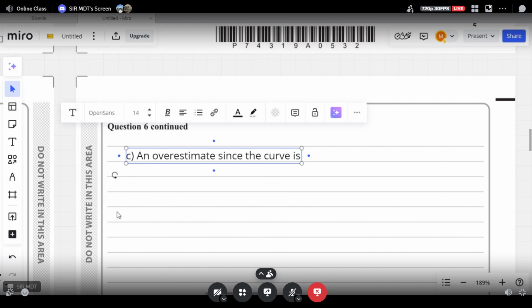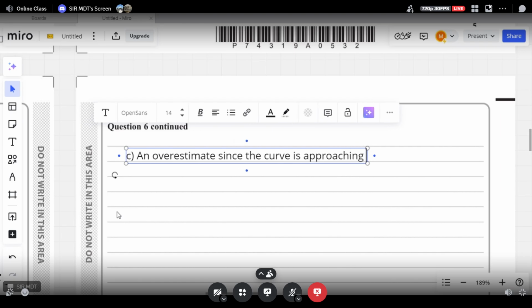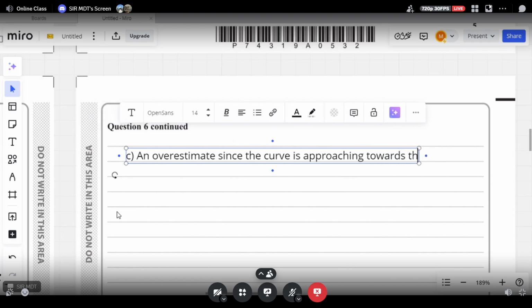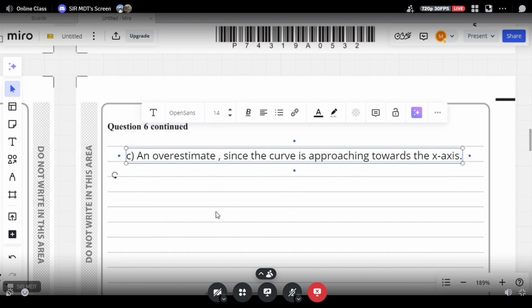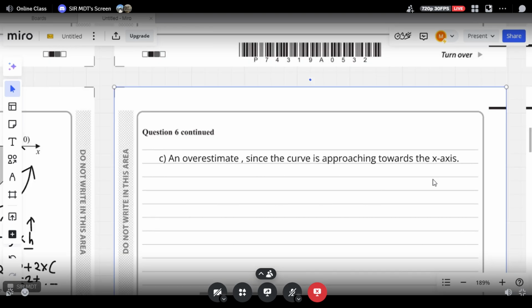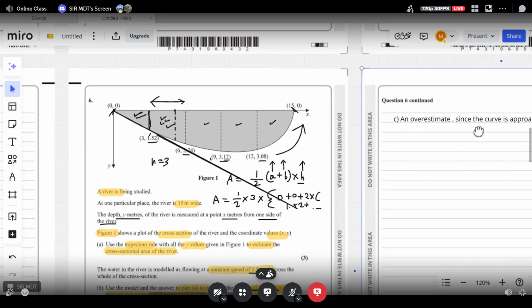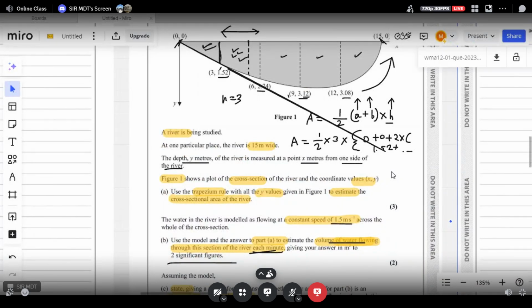That's why it will be an overestimate. That's it.